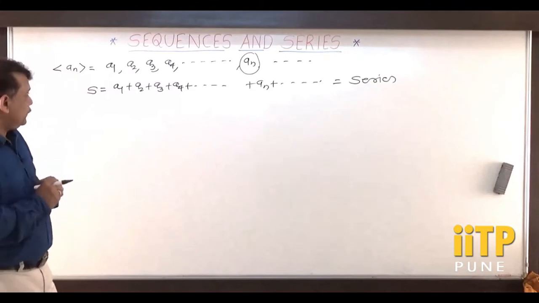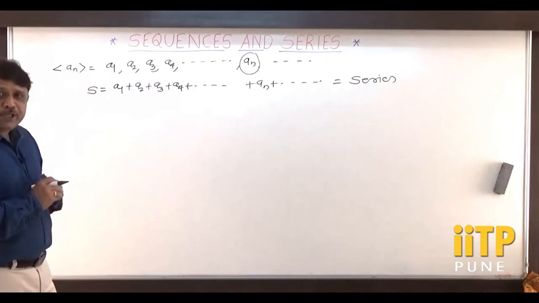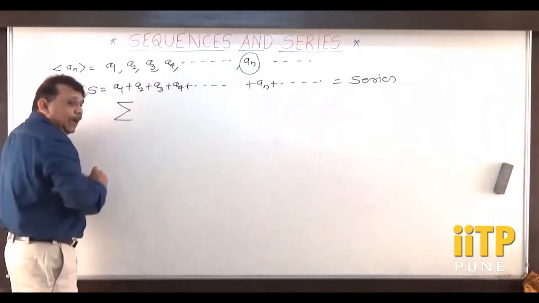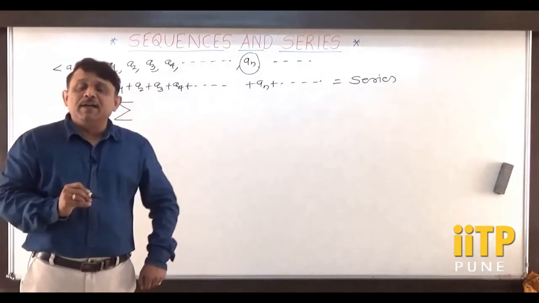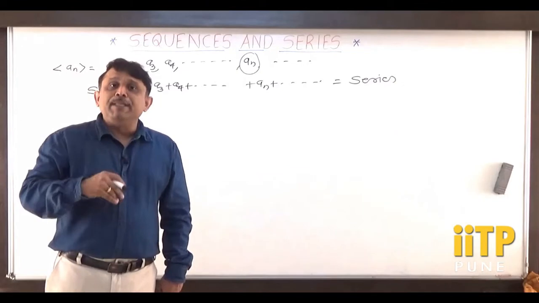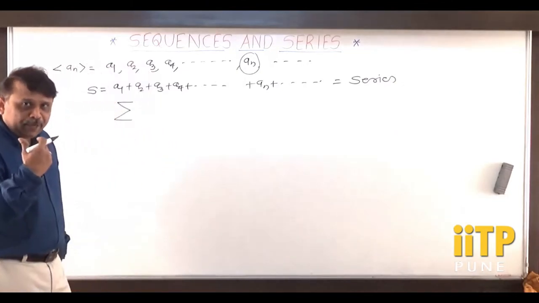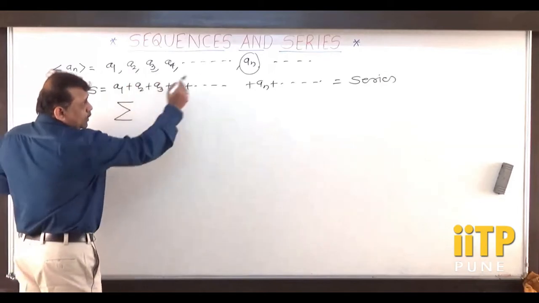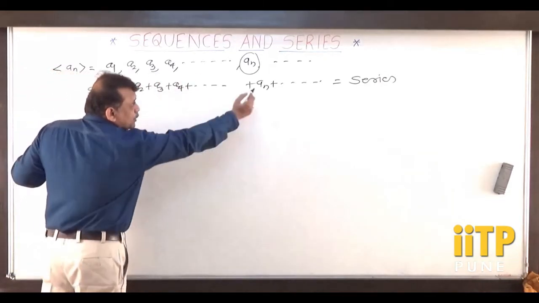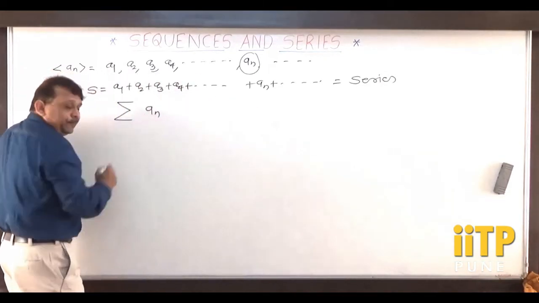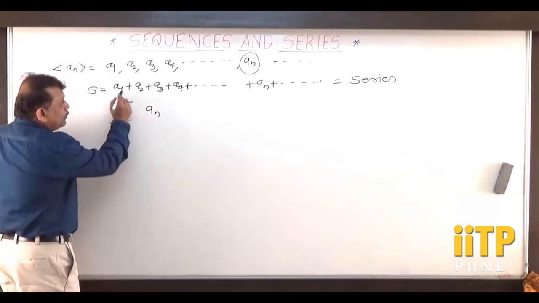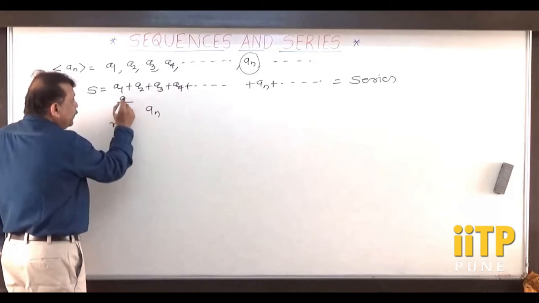Now we can put this series in a notation which is called sigma notation. Sigma is a capital letter of the Greek alphabet, and it means sum. It means the sum of all such things. So what we do, we take the general term, that is an, and this n is moving from 1, 2, 3 up to infinity.